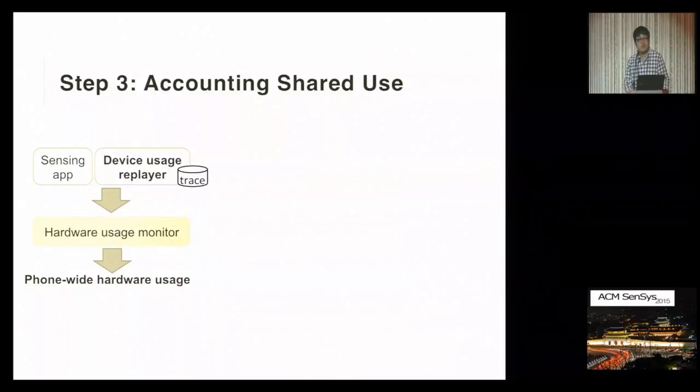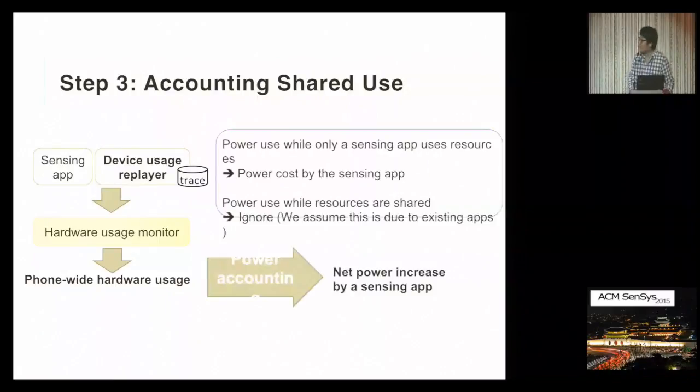To accurately estimate the power cost of a sensing application, we need to isolate the power used by the sensing application. In this work, we take an accounting policy that only accounts the power cost while only the sensing application uses the resources. For the power cost while resources are shared with existing applications, we assume this is solely due to the existing applications, which means no power cost by the sensing application.